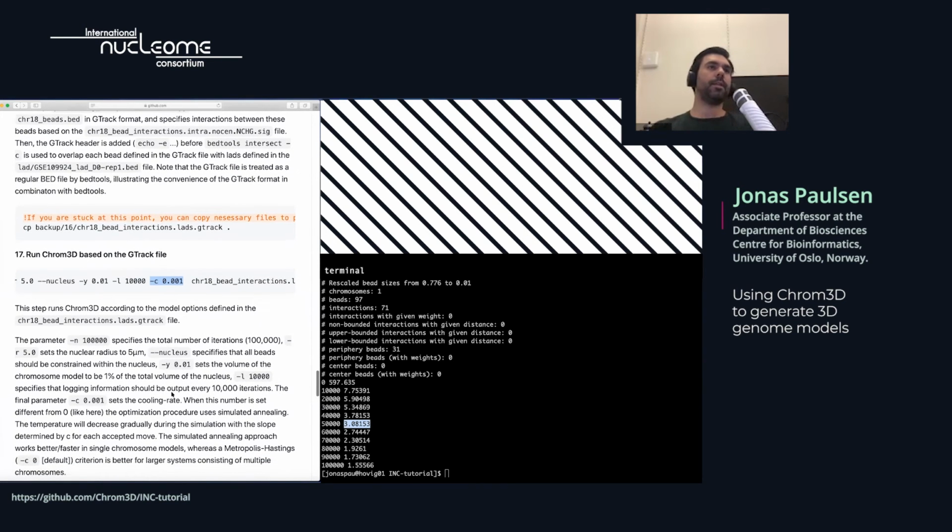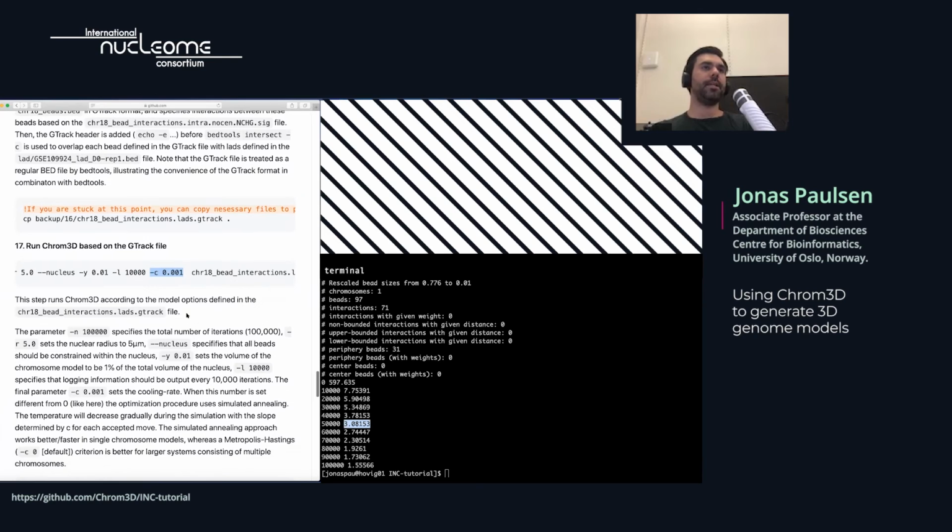If you don't know what that is, that's okay. What we say is that you should specify this if you have a single chromosome or a simple model, and if you have a complete genome or a complex chromosome model, you can skip this altogether. If you skip this, then we have a Metropolis Hastings simulation, and that works better for more complex systems.